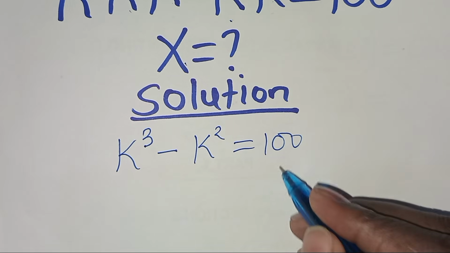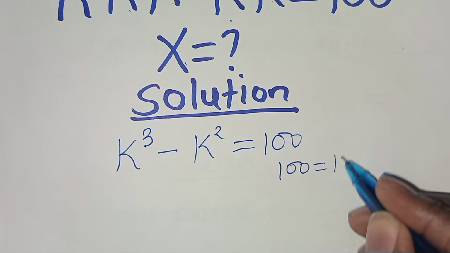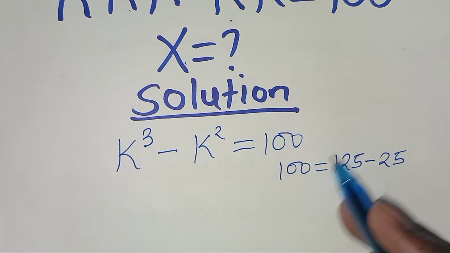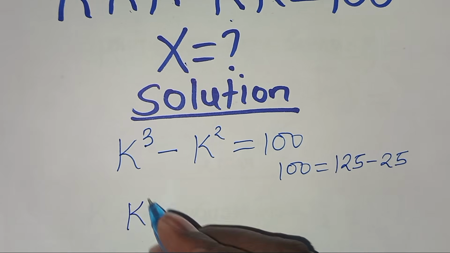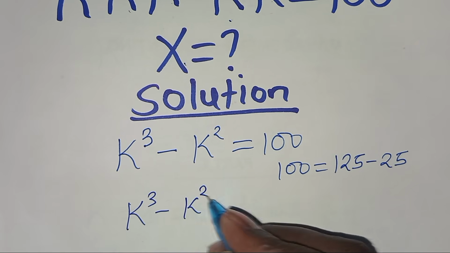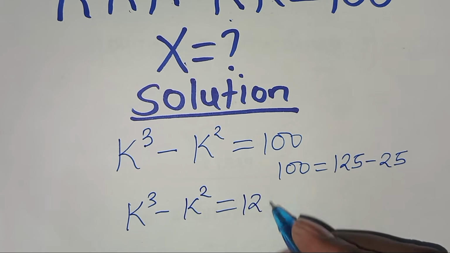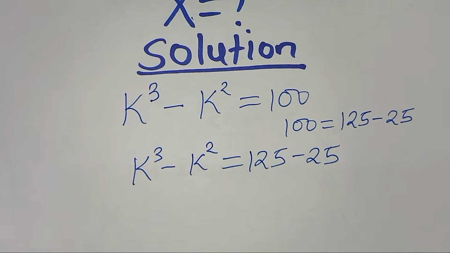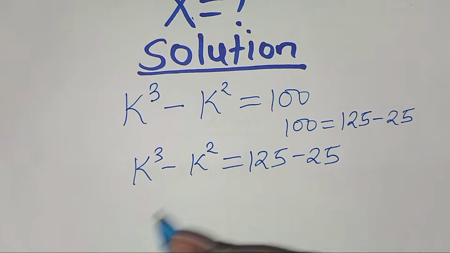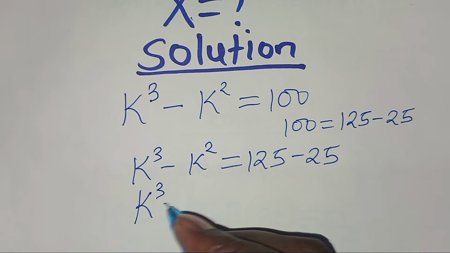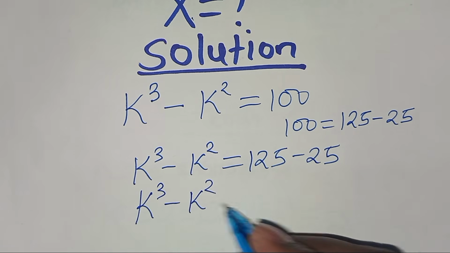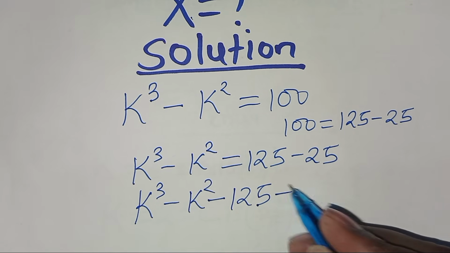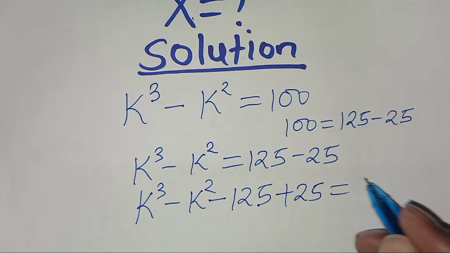Now we can express 100 basically as 125 subtract 25. So this is the same thing as k to power 3 subtract k squared, this is equal to 125 subtract 25. Okay, so here we will have k to power 3 subtract k squared subtract 125 plus 25, this is equal to 0.